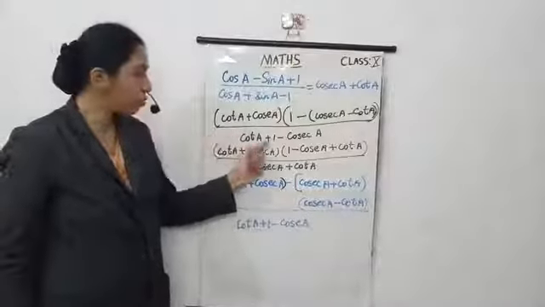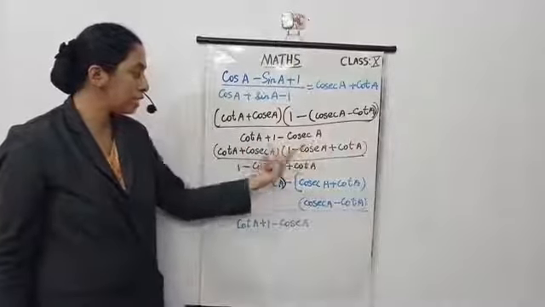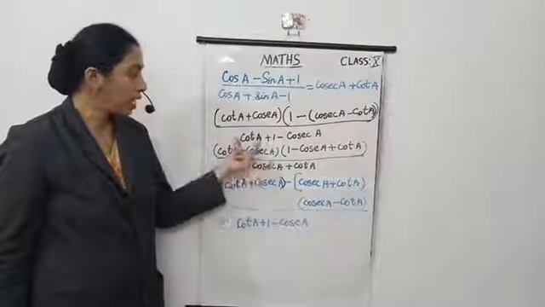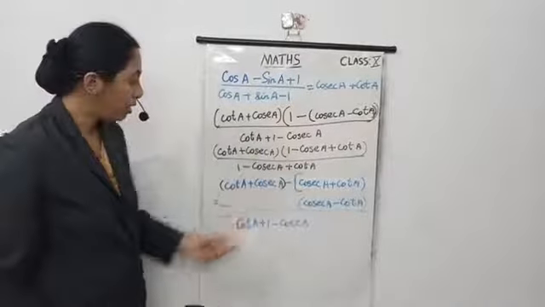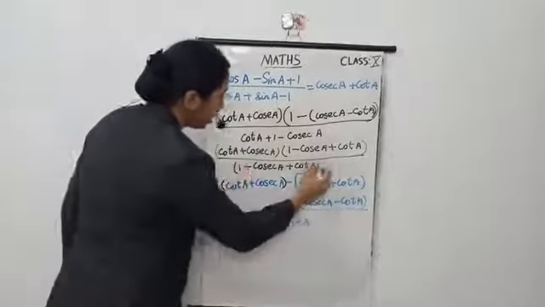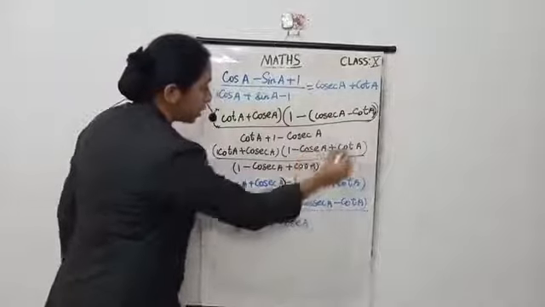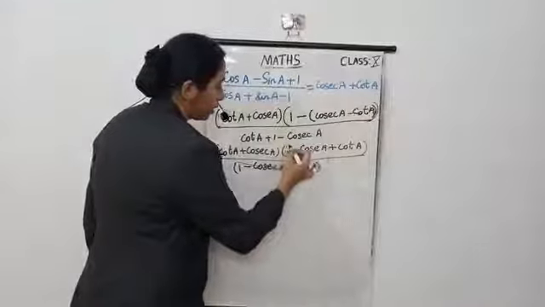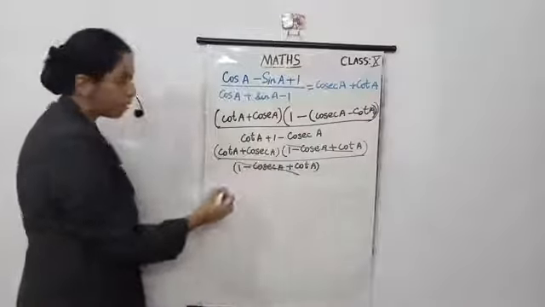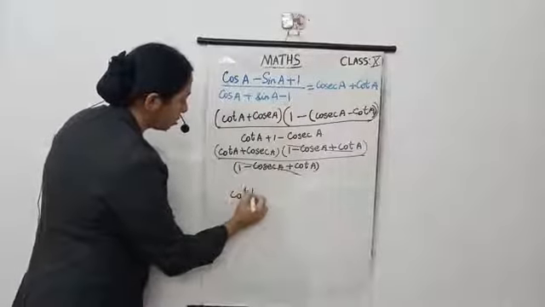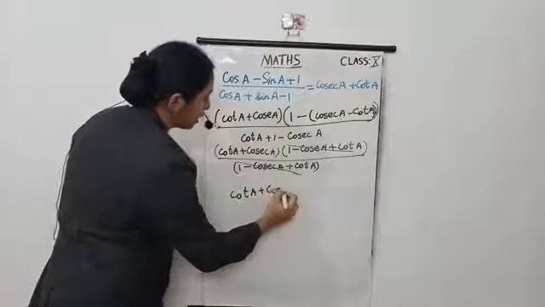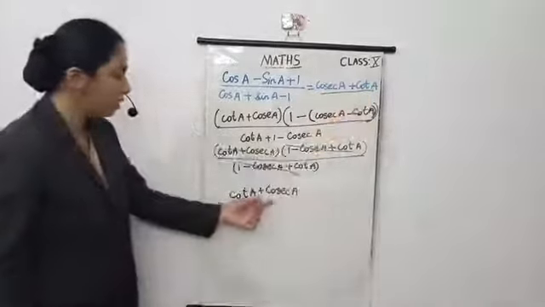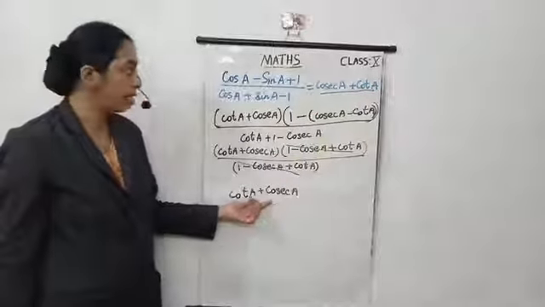So in the denominator, cot A plus 1 minus cosec A, we change its place: first write 1 minus cosec A, then plus cot A. Now this denominator and this numerator portion are the same, so we can cancel, and finally we get cot A plus cosec A. Now consider this question's RHS. The RHS is the same, so we get the answer.